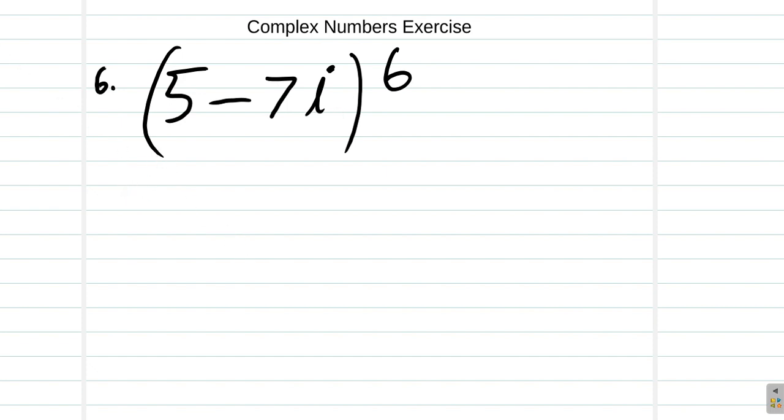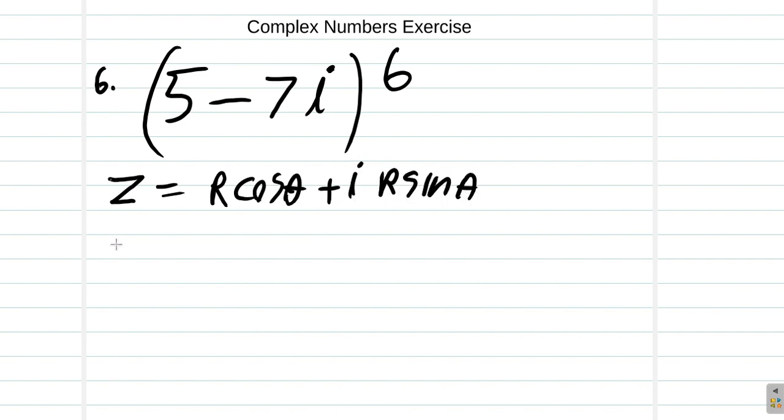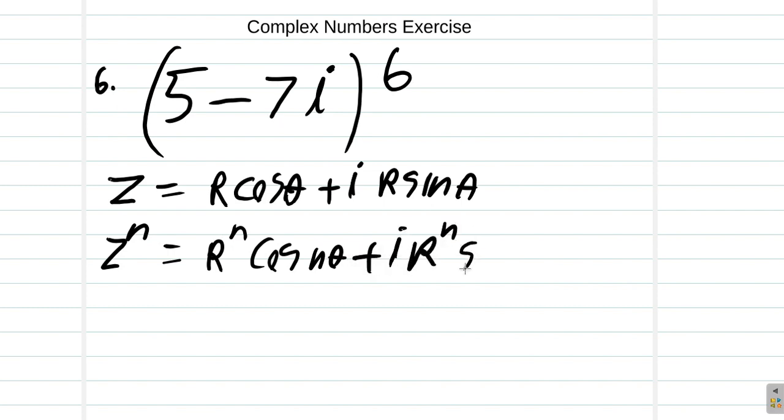It says if you have a complex number z equal to r cos theta plus i r sine theta, then z to the power of n is equal to r to the power of n cos n theta plus i r to the power of n sine n theta. Alright, you remember that?